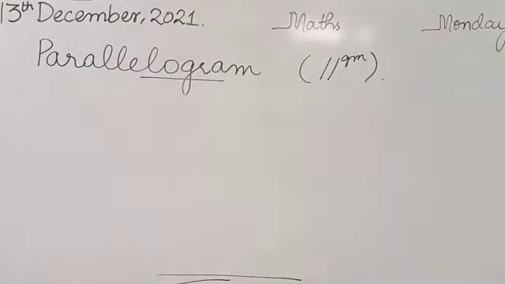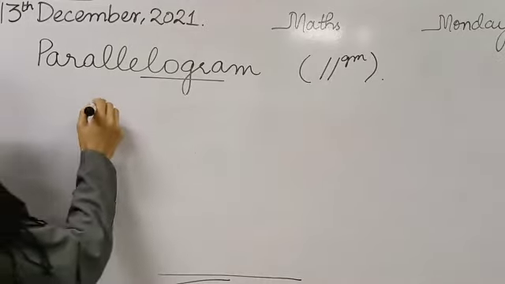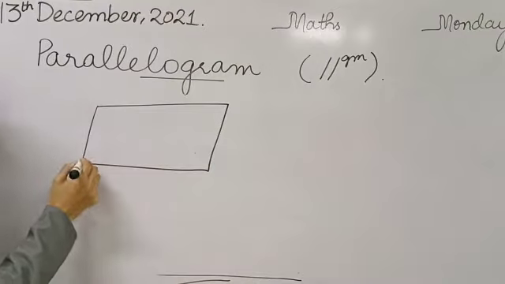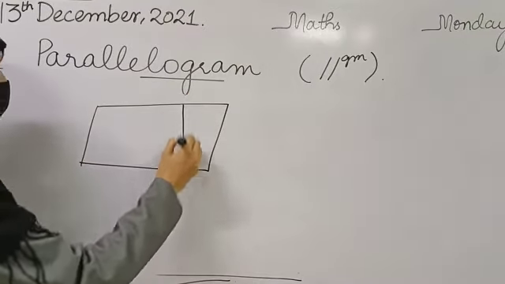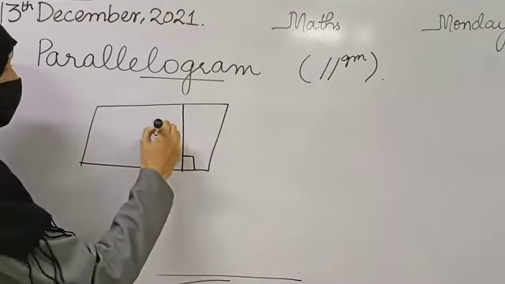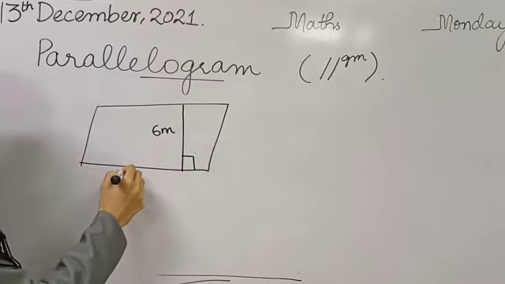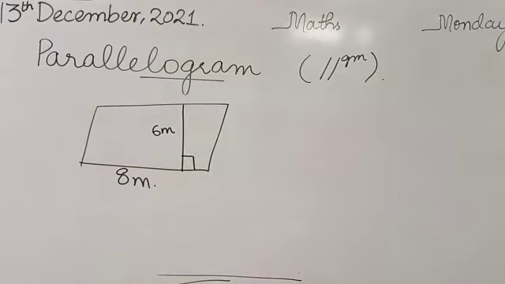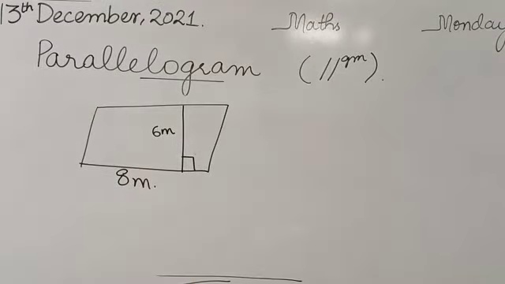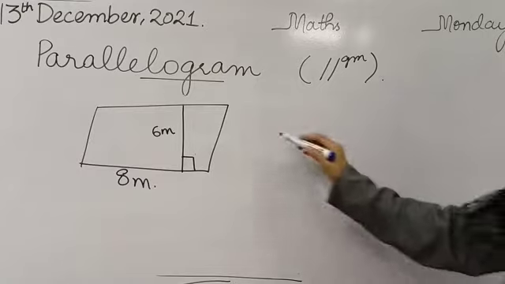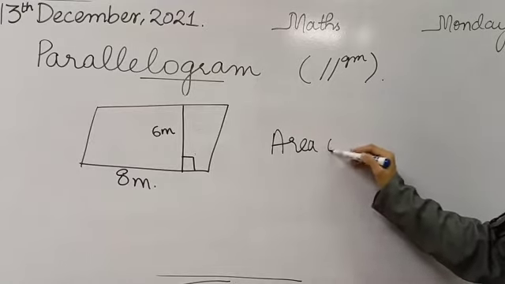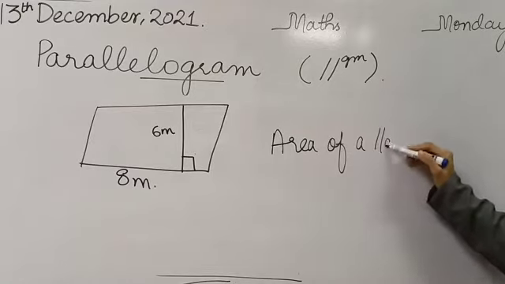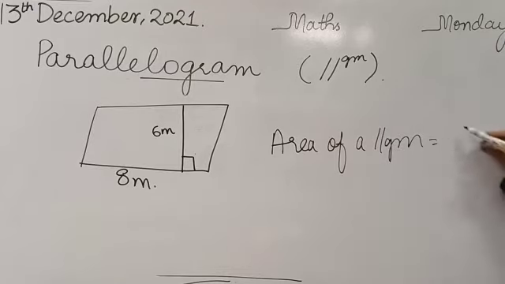For example, if I have this parallelogram with height of 6 meter and base of 8 meter, so how will we find out the area? We'll write out the formula, area of a parallelogram: base multiplied by height.